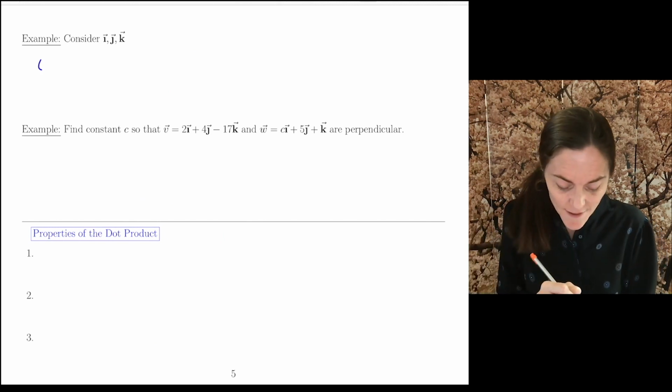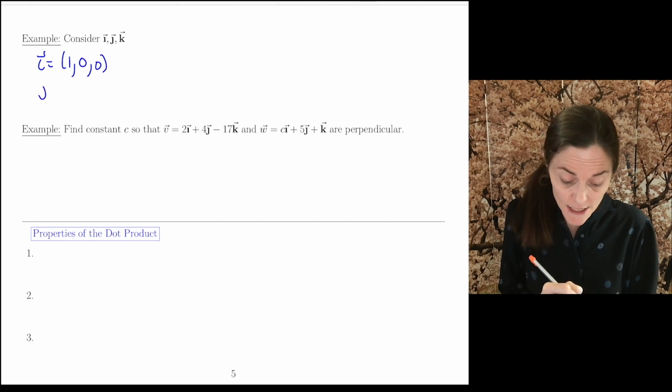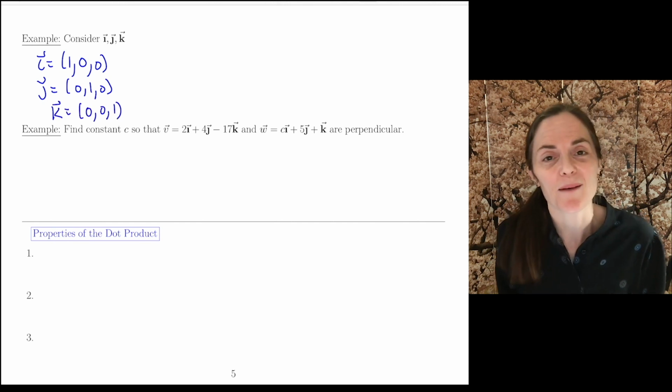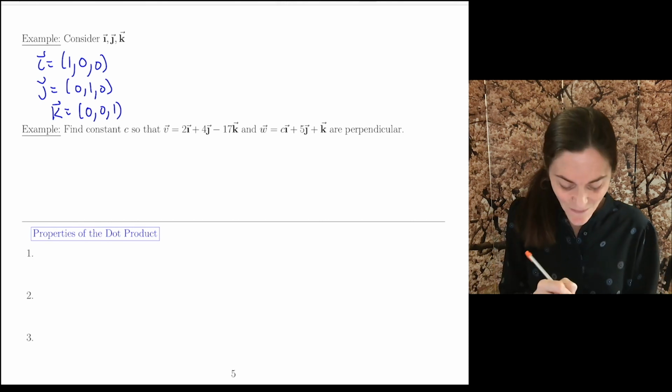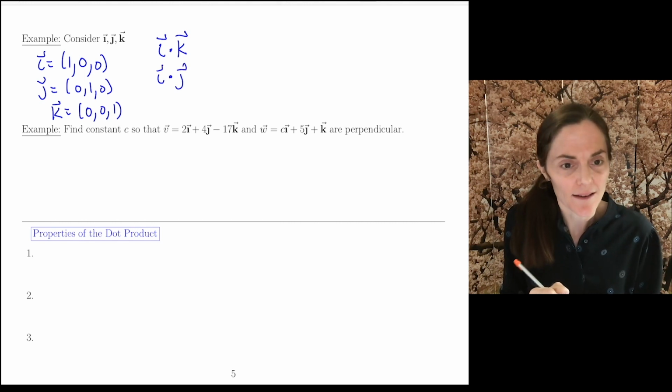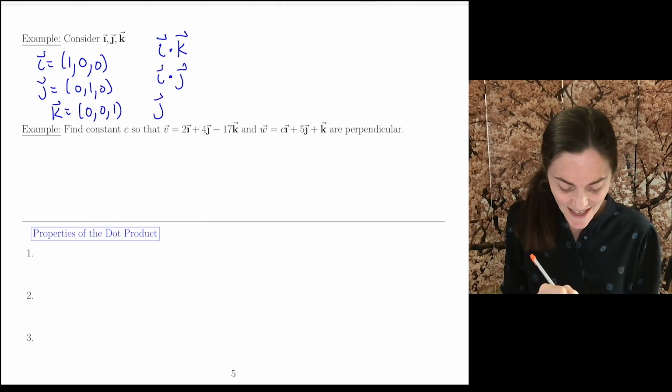Next, let's consider the vectors i, which was 1, 0, 0, and j, which is 0, 1, 0, and k, which is 0, 0, 1. And I want to make some observations. Okay, what happens here? Take i dot k, or i dot j, or let's see, there's one more we missed, j dot k.